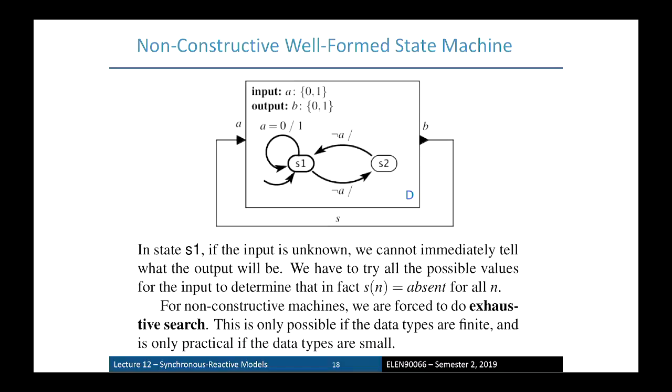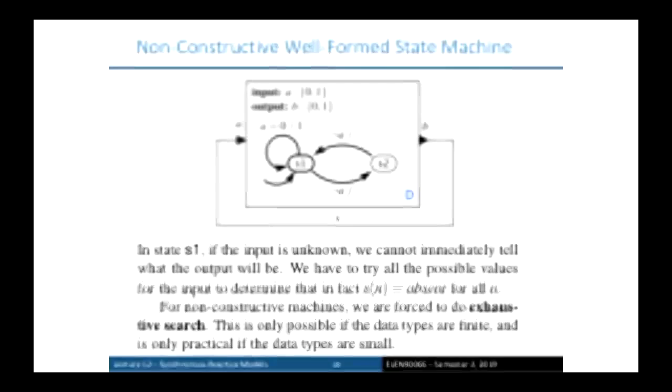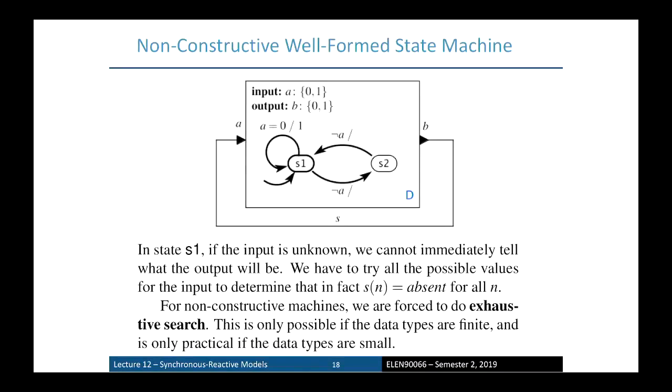These are state machines that fail the constructive test, where you assume you don't know what the inputs are, try to work out the outputs, and then find a fixed point. It fails that test, but it's still well-formed. It's an interesting conundrum.